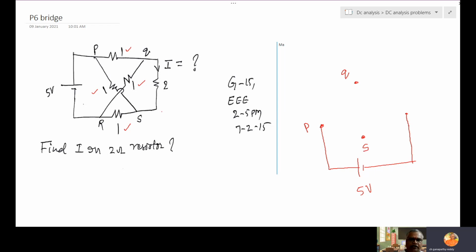Between Q and S, there is a resistance of 2. Between P and Q, there is a 1 ohm resistor. Between P and S also 1 ohm. So this point is R, and R and S again 1 ohm.